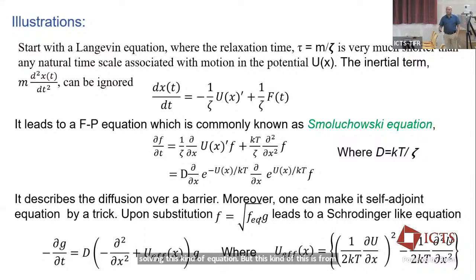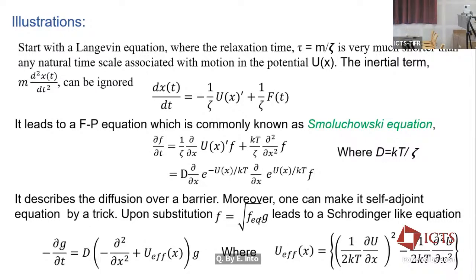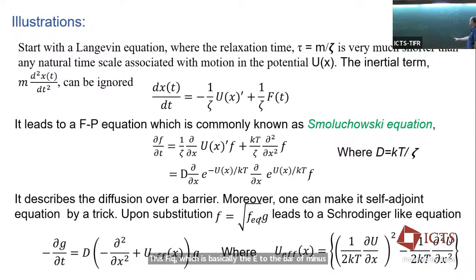That is the simplest way of solving this kind of equation, but the Sturm-Liouville theorem will not work everywhere. So basically there is one particular trick involved, where this F we can replace by root over of F_EQ into G. Some of you may be familiar with F_EQ, the equilibrium distribution, which is e to the power of minus beta H by Q, where H is the Hamiltonian and Q is the partition function.